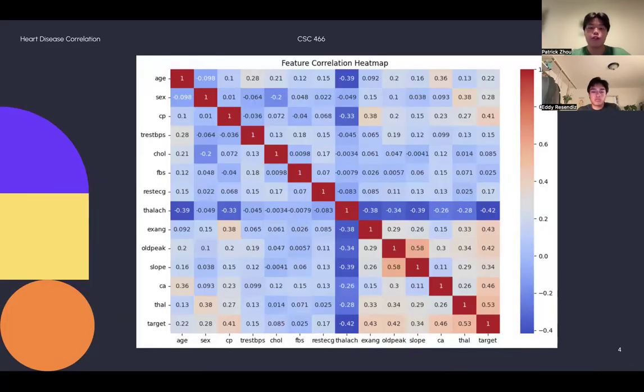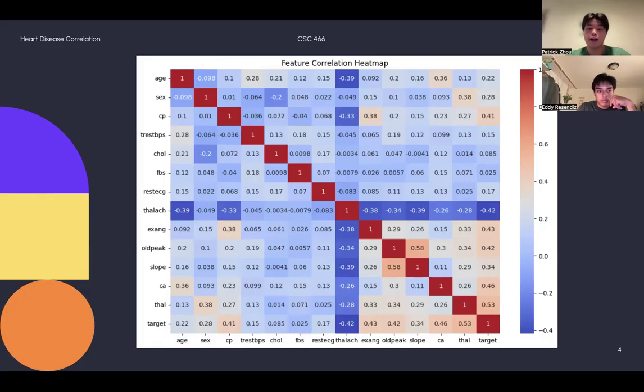And here's a feature correlation heat map. The target column is our most important column as it indicates if a feature correlates with having heart disease. Warmer colors indicate positive correlation, colder colors indicate negative correlation, and lighter colors indicate that there is no correlation.